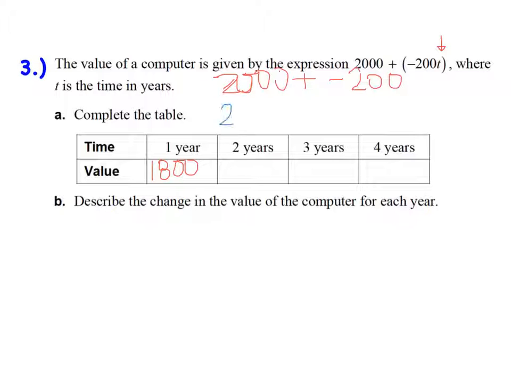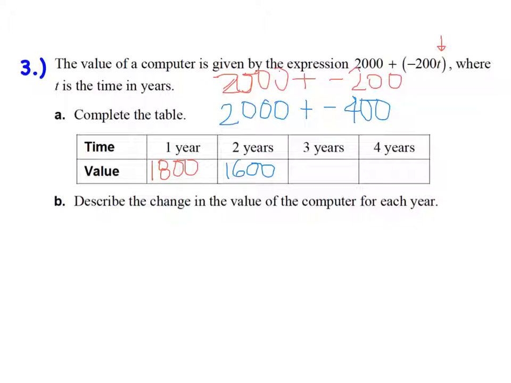So it's going to be 2,000 to start, plus negative 200 times 2 this time, so that's negative 400. So 2,000 plus negative 400 is going to be 1,600.